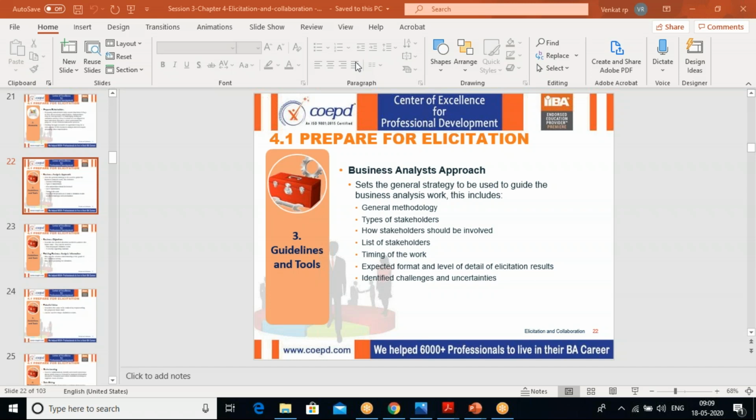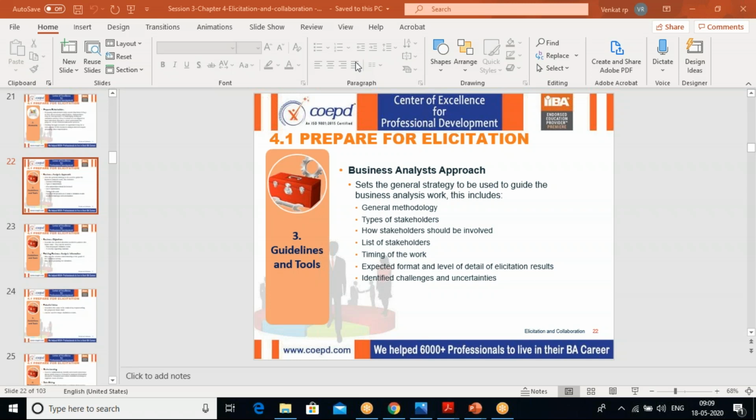Okay. And then we have the business objectives. Business objectives means how this particular business is going to benefit concerning this particular elicitation, and how these business objectives can be used in our elicitation events and supporting materials that we will be considering.